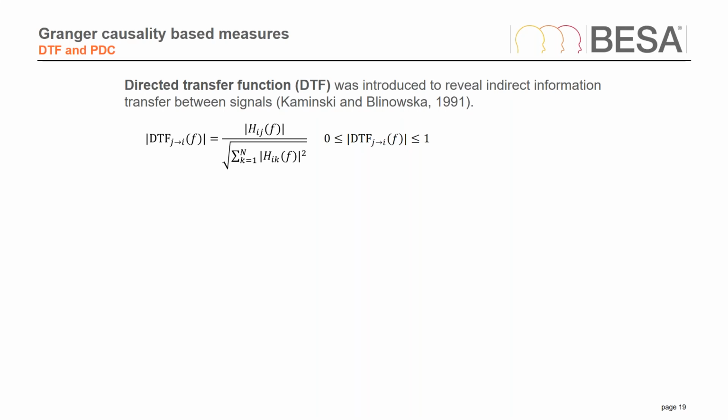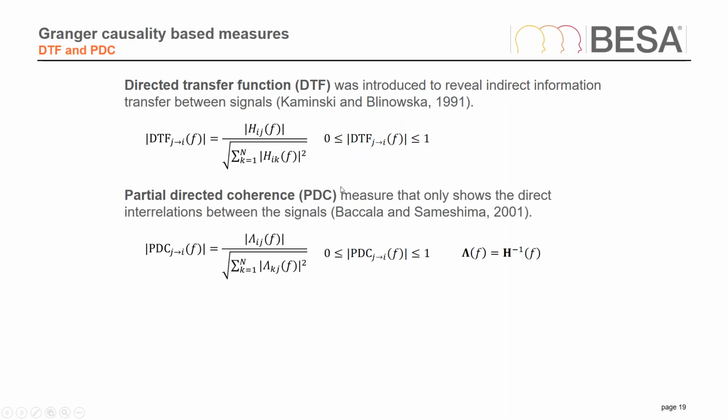The other two measures left to discuss are directed transfer function, which was introduced to reveal indirect information transfer between signals, and which uses the transfer function matrix H, which compares transfer from channel J to channel I with transfer from all channels to channel I. And then there's also partial directed coherence, which looks at only the direct interrelations between the signals.